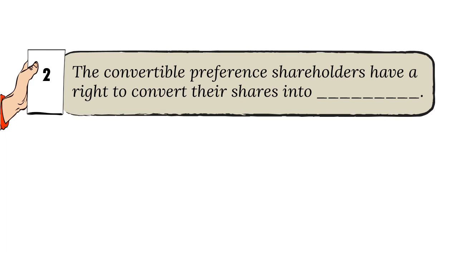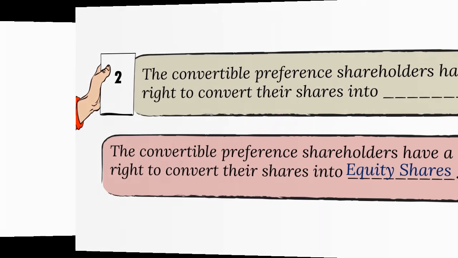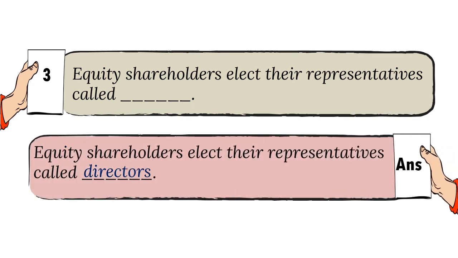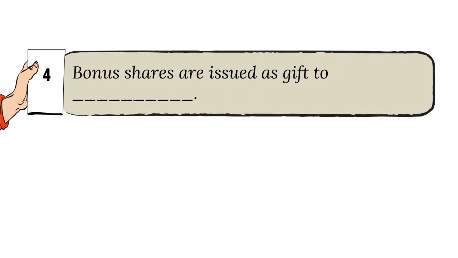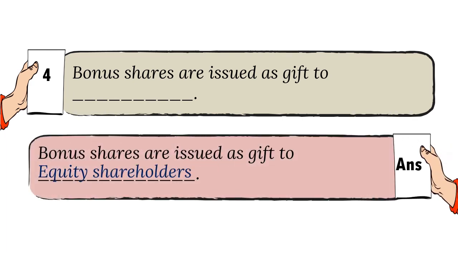And the answer is equity shares. 3. Equity shareholders elect their representatives, called dash. And the answer is directors. 4. Bonus shares are issued as gift to dash. And the answer is equity shareholders.